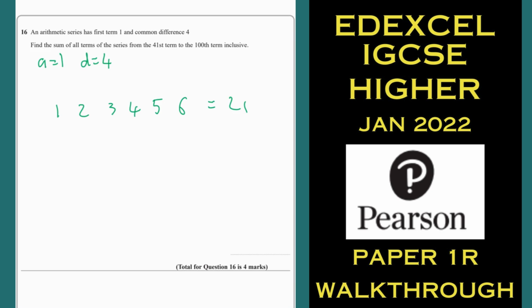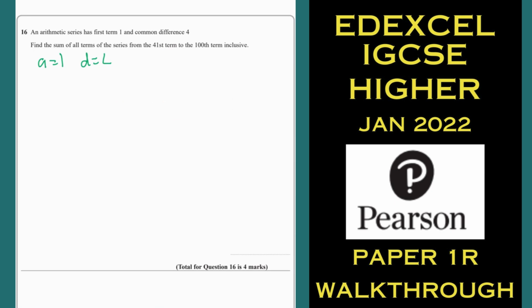Now if I said to you, only add up the third term to the sixth term, it's not the third term you minus because that's included. It's the second term. Why am I saying all this? Because the 41st term is to be included in your answer.